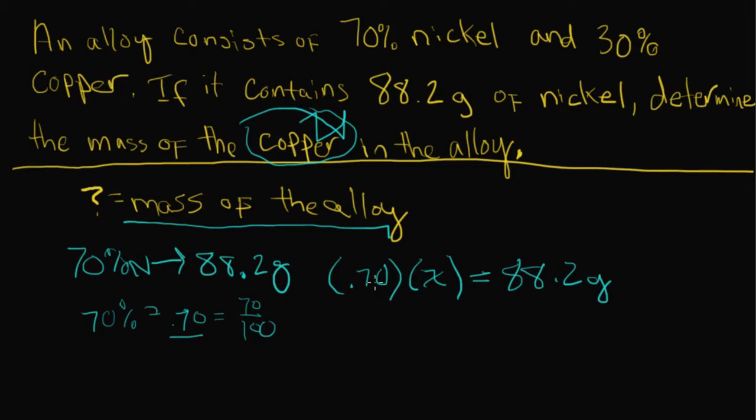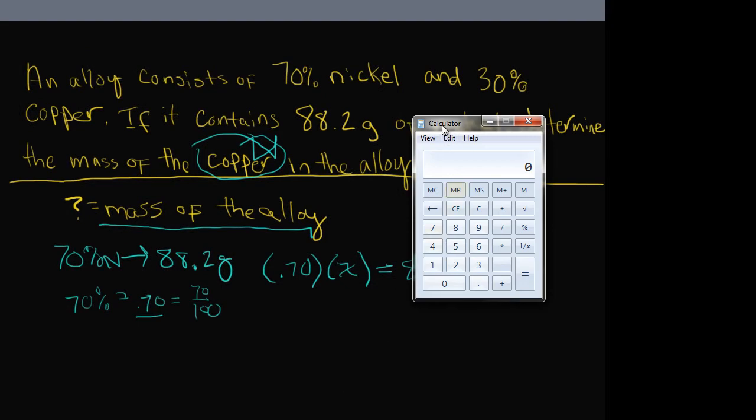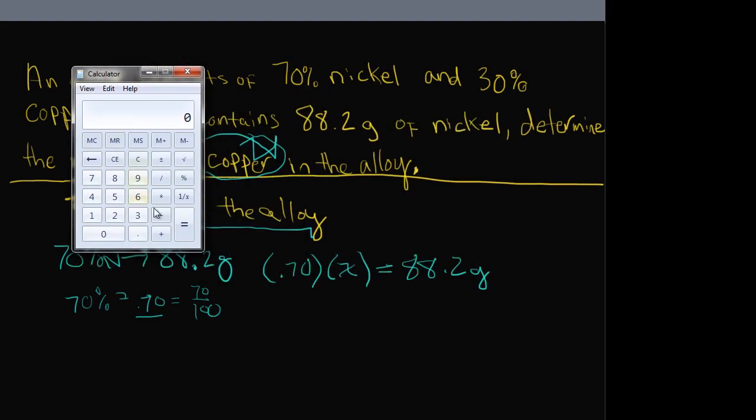So 70% of this alloy has a mass of 88.2 grams. If this doesn't quite make sense, stop the video and try to make some sense out of it. But we're going to go from here the same way we have for all the previous problems. We're going to divide each side by 0.7.